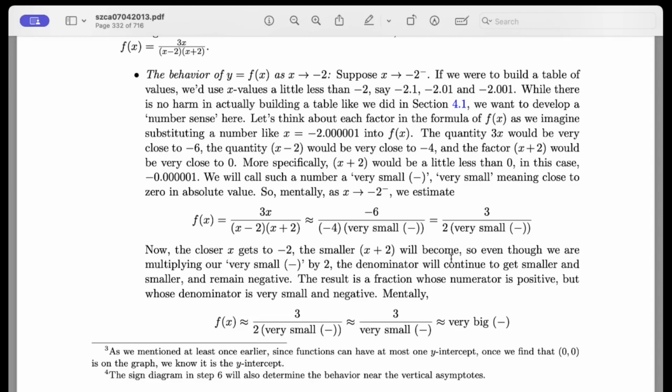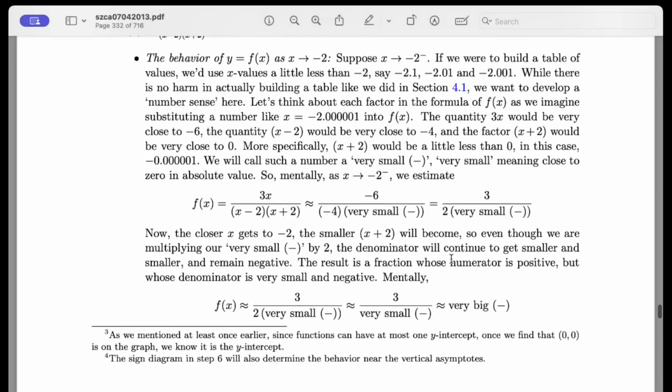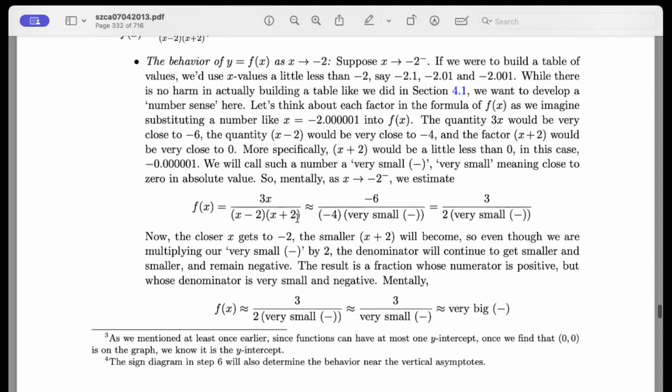So when you look at the factors, we have numbers that are approximately, that's why that funky equal sign is in there, approximately at -2, the top is just -6. Again, approximately. The bottom has 2 bits in it, though. The x minus 2, if x is close to -2, you're going to get -4.